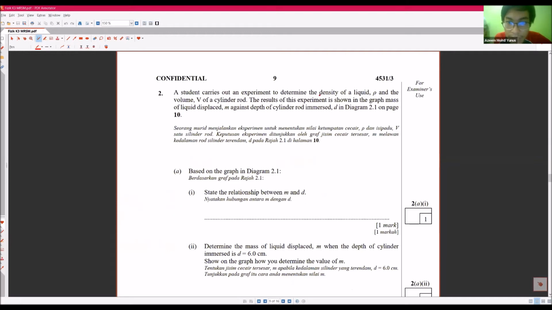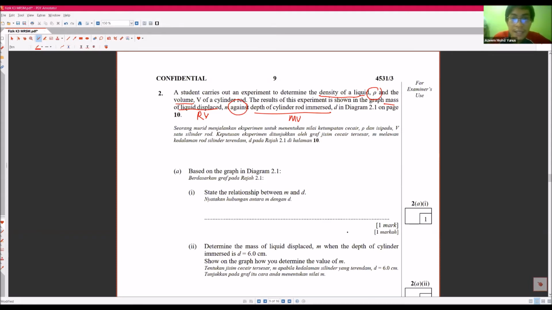An experiment to determine the density of a liquid and the volume V of a cylinder. The result of this experiment is the mass of liquid against that of cylinder rod immersion. So this is basically one of the manipulated variables, the responding variable, and this is the manipulated variable. Whenever we see something against something, it is RV against MV.